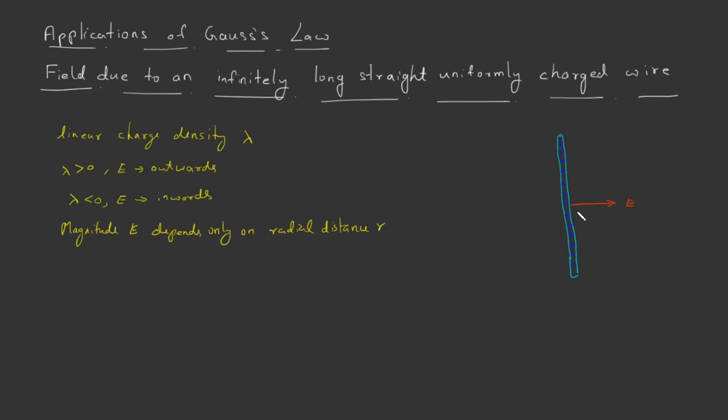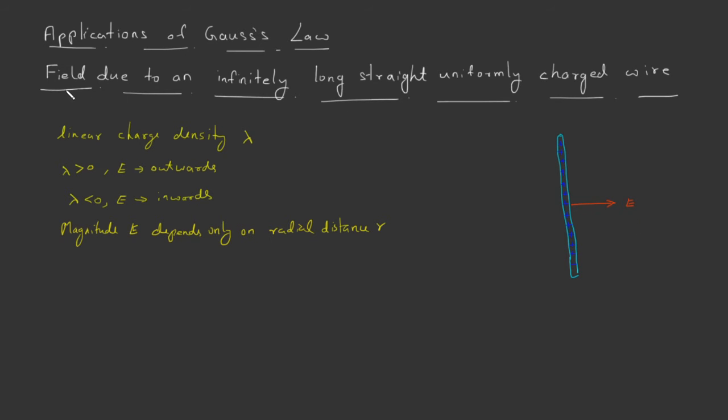So this is the radial distance. As r increases, the magnitude of electric field decreases. So radial distance r is the only factor that determines the magnitude of electric field.